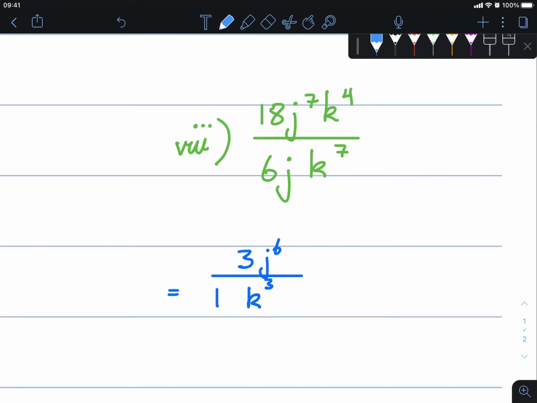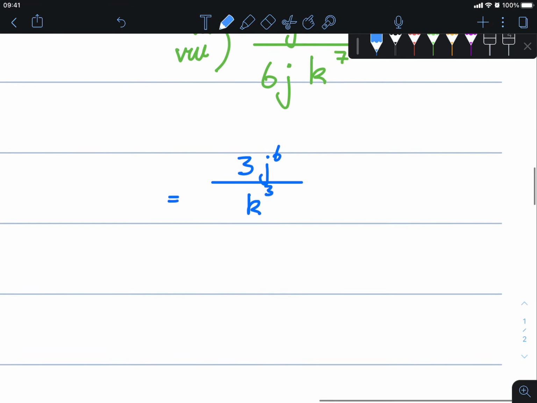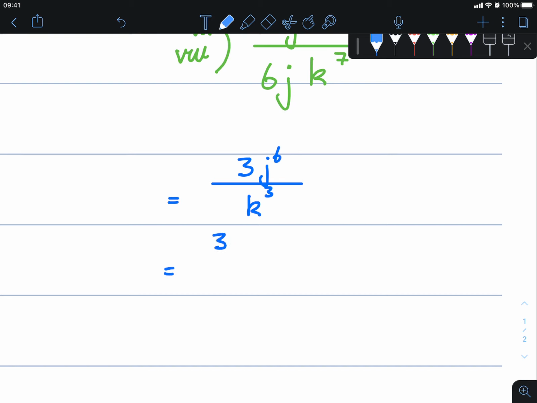So we can cancel as many as we can, but there will be 3 remaining in the denominator. So in the end, let's just make this neater. We have 3j to the power of 6 over k cubed.